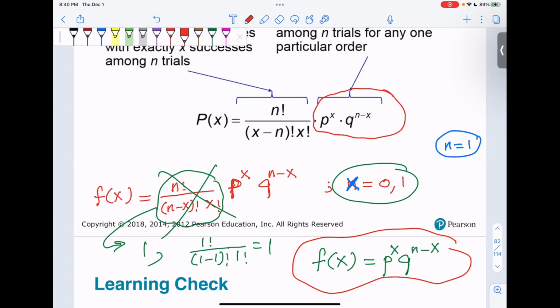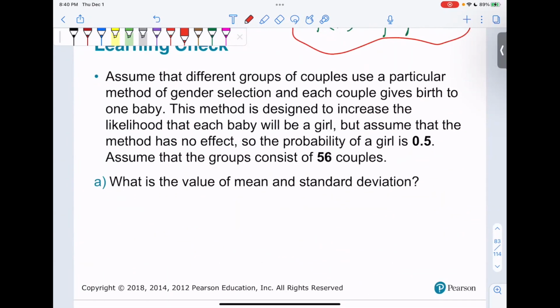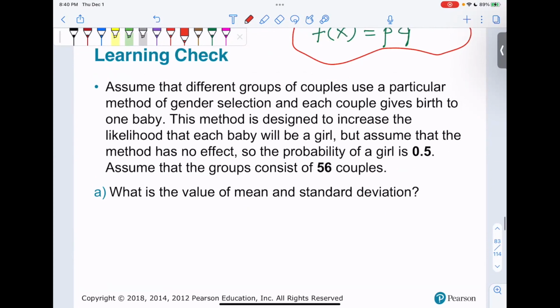Each time you repeat the experiment, you have this, and then this one is related to how many times you repeat it. Okay, so if you repeat this experiment n times, you will get binomial distribution. Okay, so let's finish this one maybe.